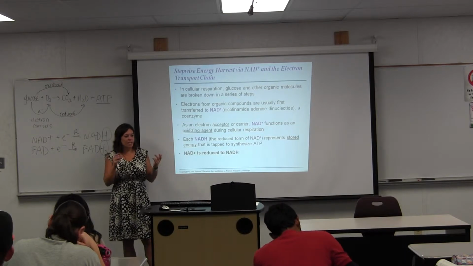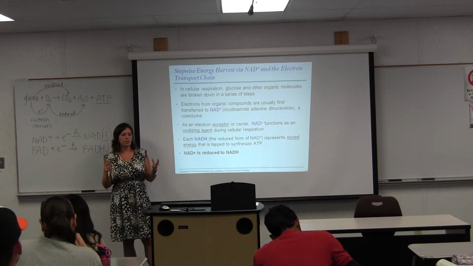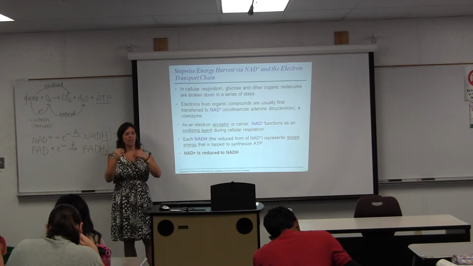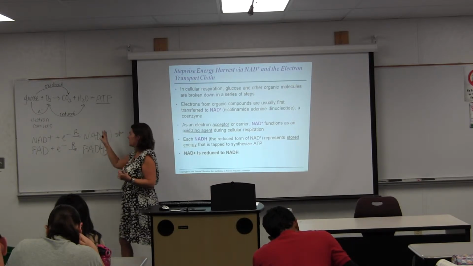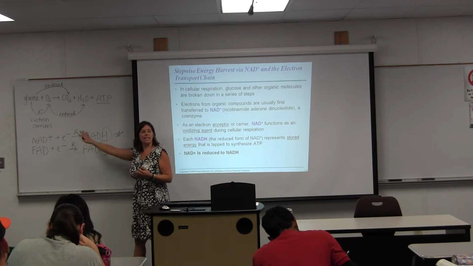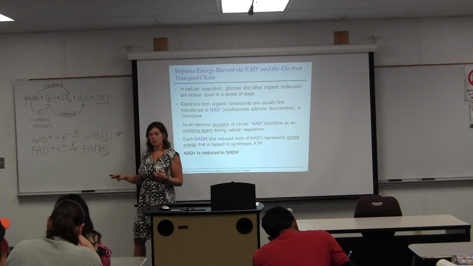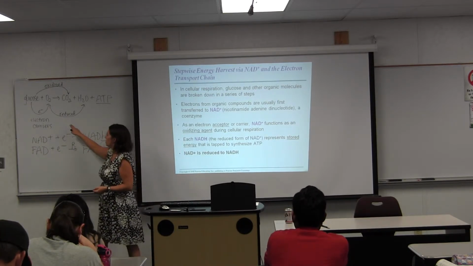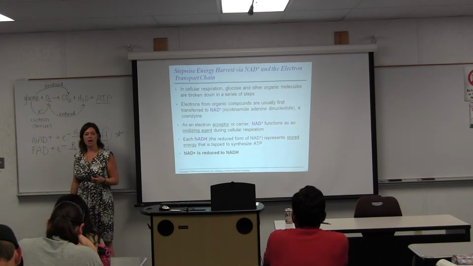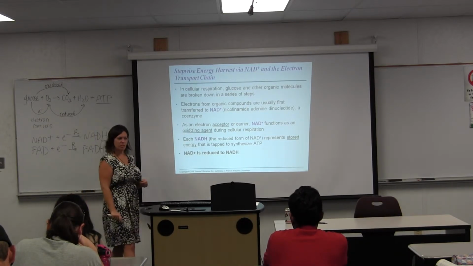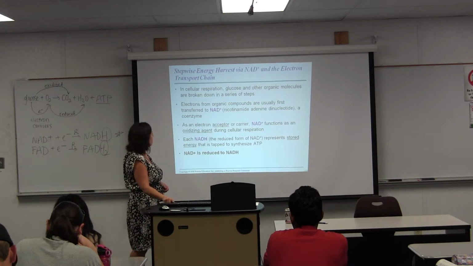So a lot of the energy that we're taking away from glucose is going to be carried in these electron carriers, until they can turn around and give the electrons to oxygen in order to form water. Okay, you're still okay? Okay.